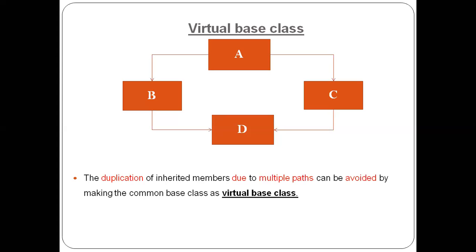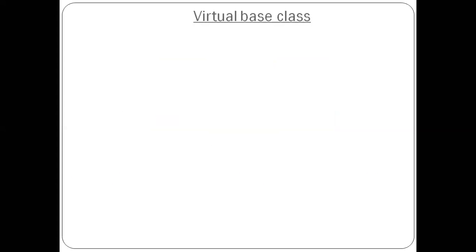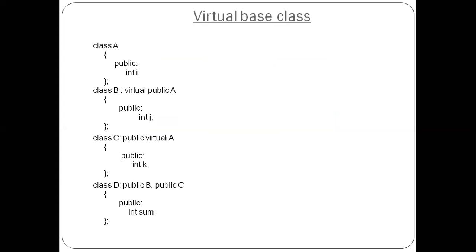So how are we going to achieve that virtual concept? We use the virtual keyword with the base class. Just look, guys, this is the way in which we use the base class as virtual inside the derived class.